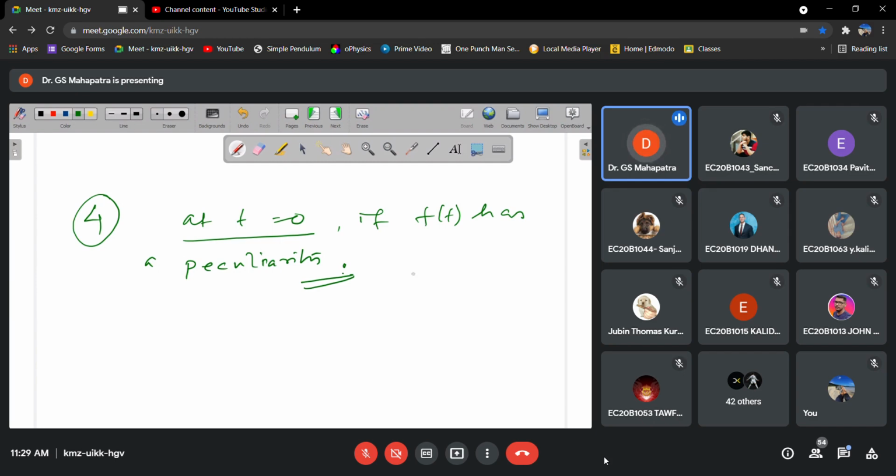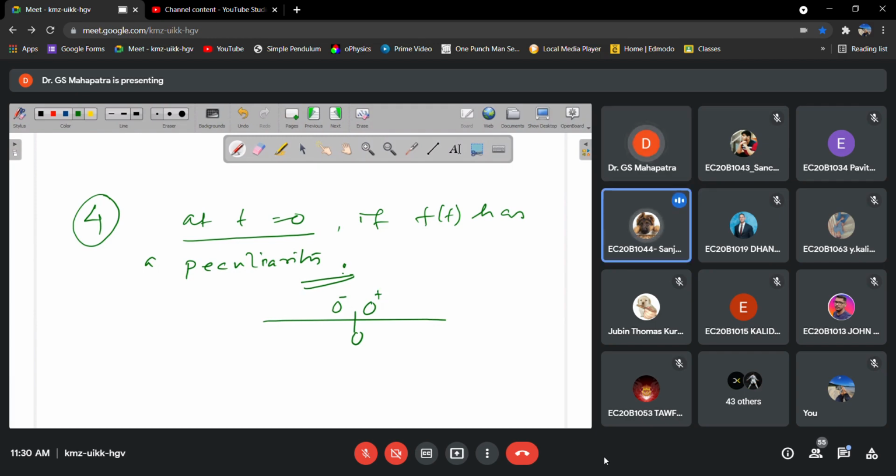That means the function is not defined, or the function gives two values at 0. What do we have to do? We will apply limits. Correct. So now say 0 is the problem, but the function doesn't have any problem away from this point.